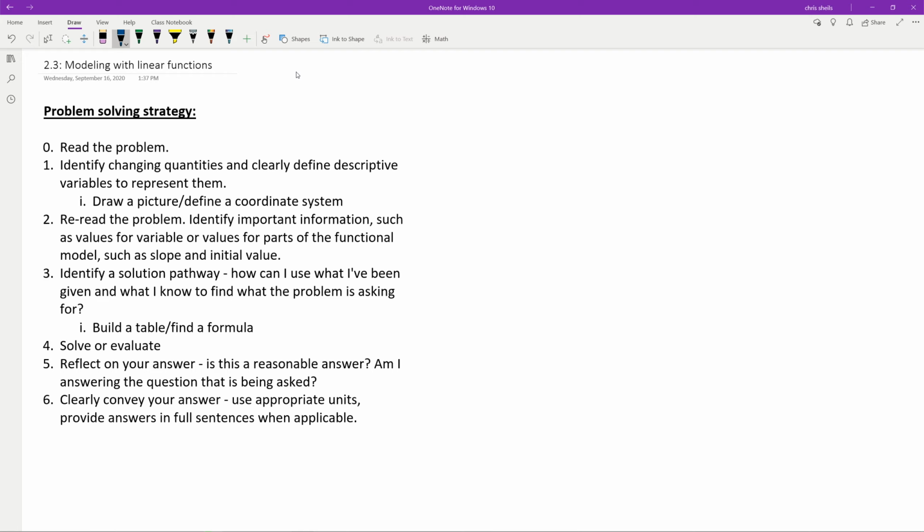So after that, step 1 here, I have read the problem as a 0th step. It's the most important. It comes before everything. Step number 1 after that is identify changing quantities and clearly define any descriptive variables to represent these changing quantities.